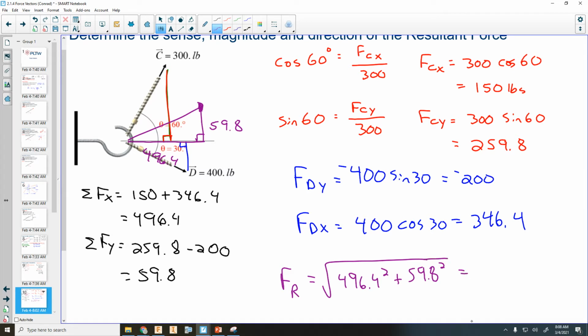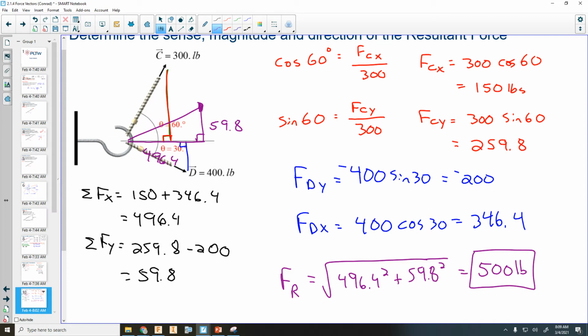And what does that come out to? 499.9. That probably would round to close to 500 pounds. At this point, I'd probably round that off. We'd probably have a little rounding error in there.